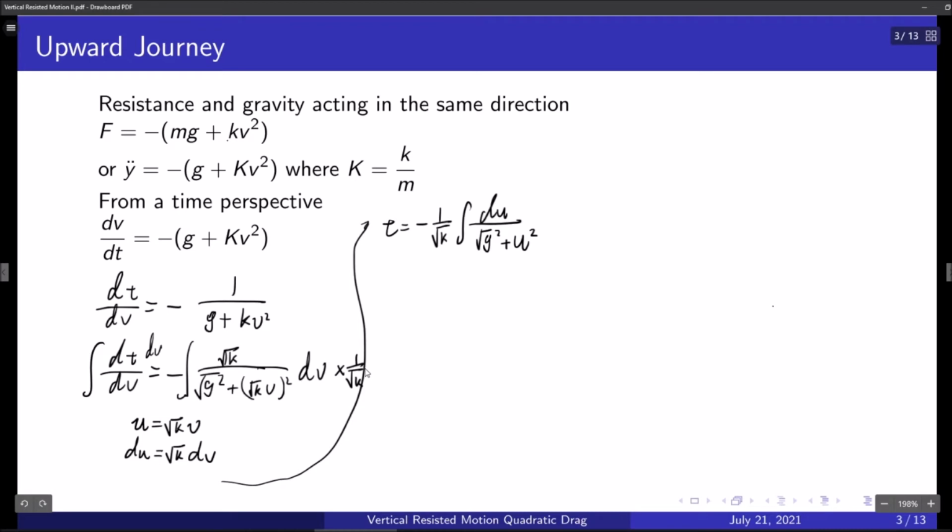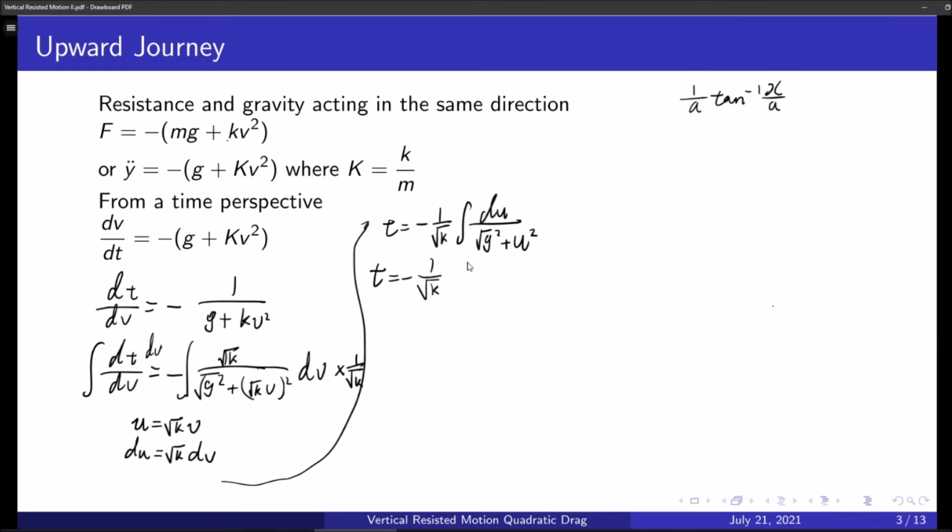So this is the inverse tangent. So we can write t equals negative 1 over square root of k times, so it's 1 over a tan inverse x over a.